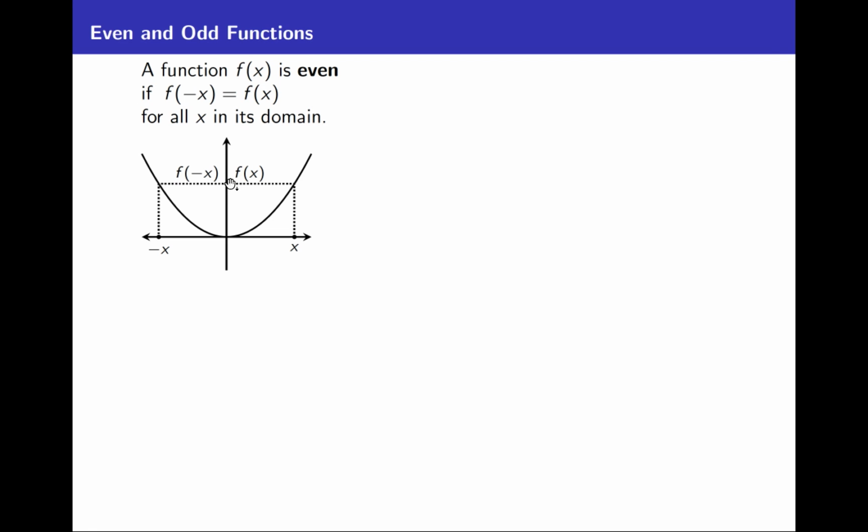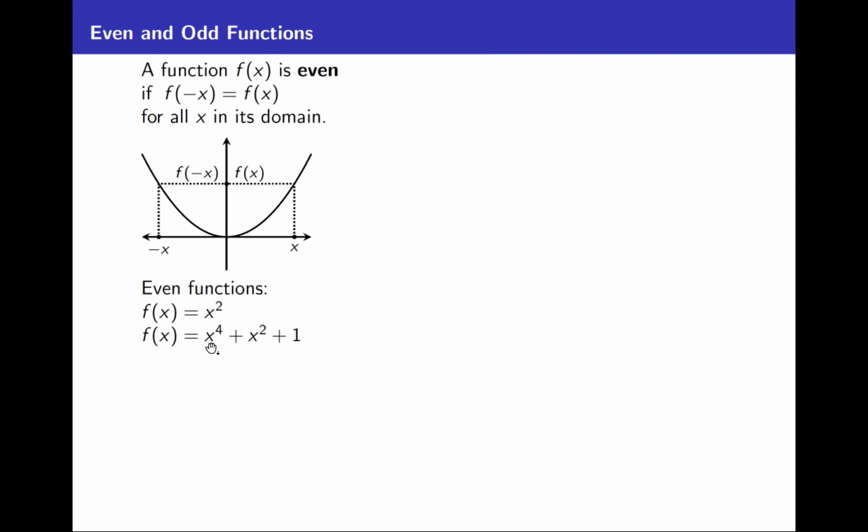Even functions are symmetric with respect to the y-axis: if you folded the piece of paper that it's drawn on across the y-axis, the two halves of that graph would match up perfectly. So examples of even functions are f of x equals x squared, like the one we see here.